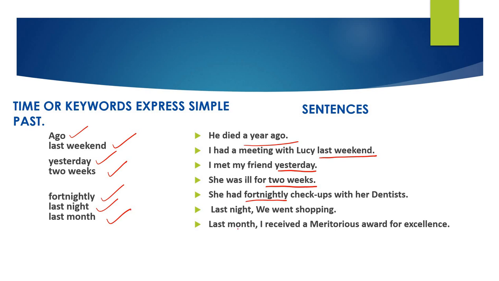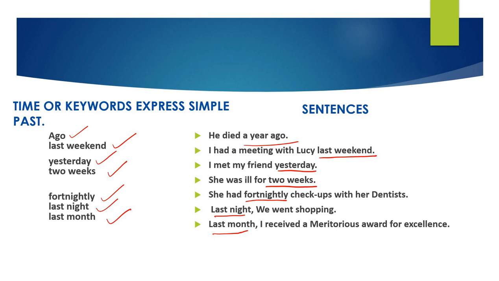Last night, we went shopping. That last night indicates that the action happened in the past. Last month, I received a meritorious award for excellence. That last month tells that the event itself happened in the past. So all these words denote the time in which the event happened.